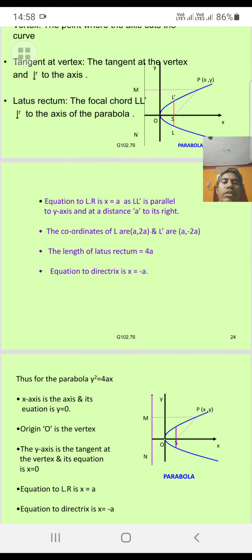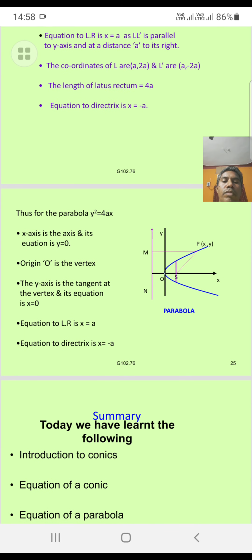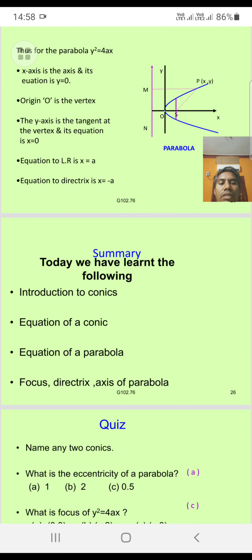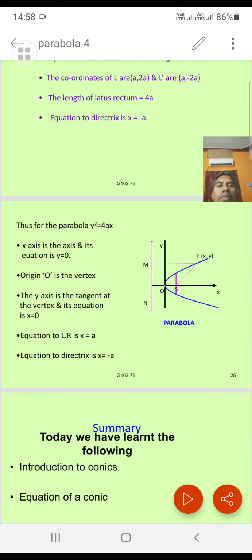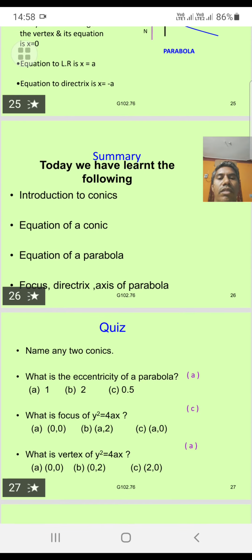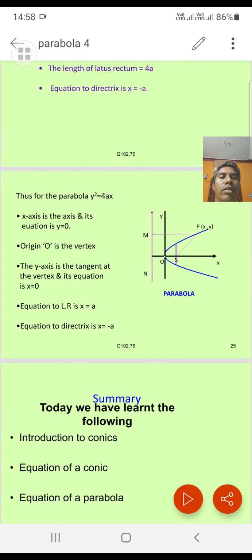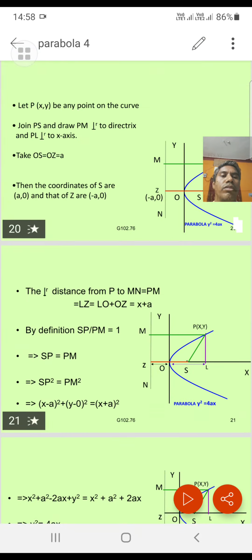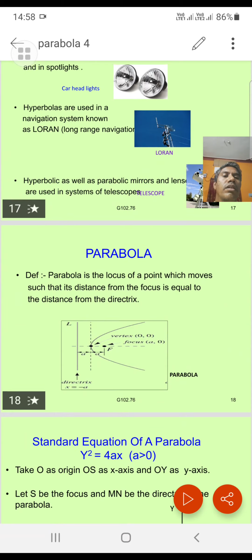So before going to the exercise, first see the presentation, and after that see the example problems, and then try to do the exercise problems.